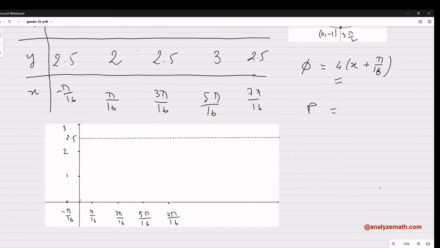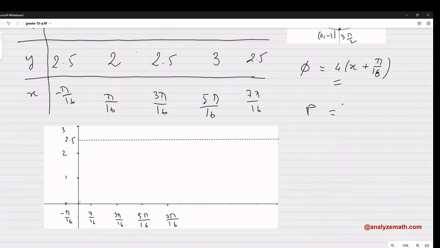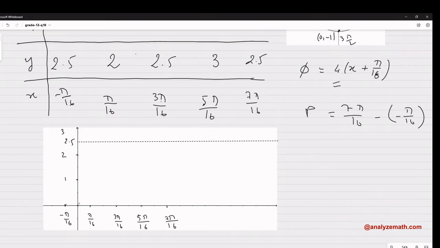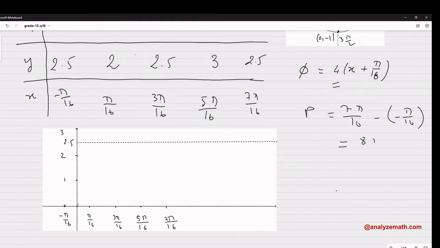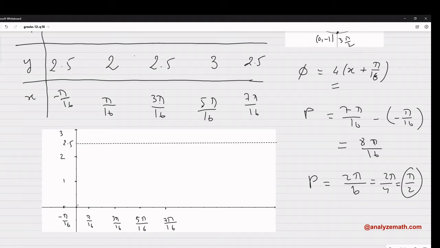The period is the distance: 7 pi over 16 minus negative pi over 16 gives me 8 pi over 16. Another method of finding the period is the formula 2 pi divided by b, where b is this coefficient here. If you divide 2 pi by b, with b equal to 4, that gives you pi over 2, which is equal to 8 pi over 16.